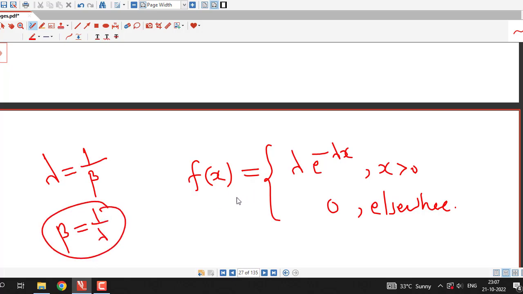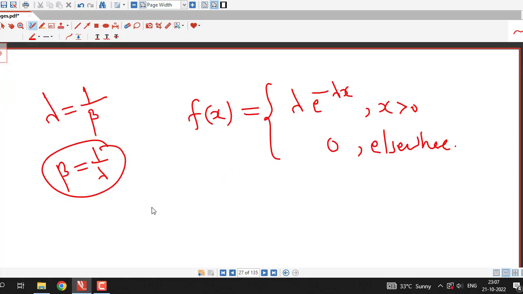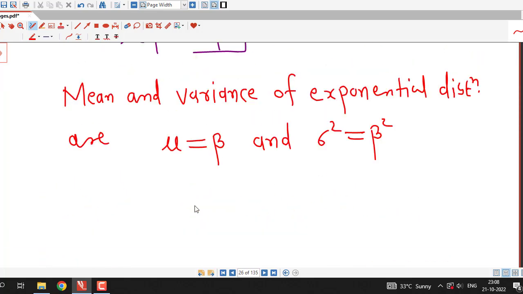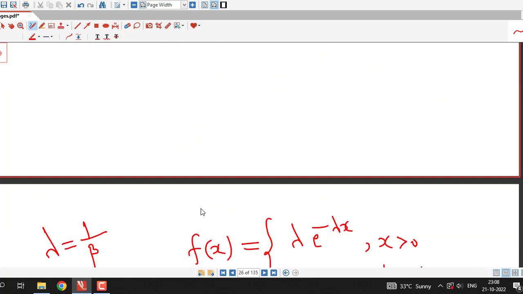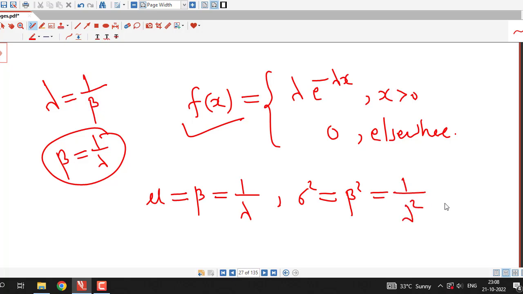So for this PDF we can write down the mean and variance also. If we have that PDF, then mean is beta and variance is beta square. So here mean is beta and beta is 1 over lambda. So if we have fx in this form, mean will be equal to 1 over lambda. Similarly, variance in that form is beta square. So variance in this form will be 1 over lambda square.